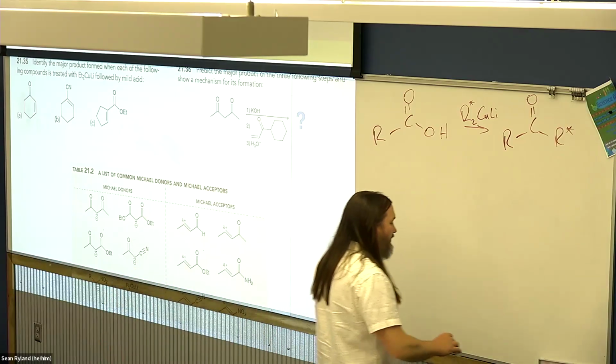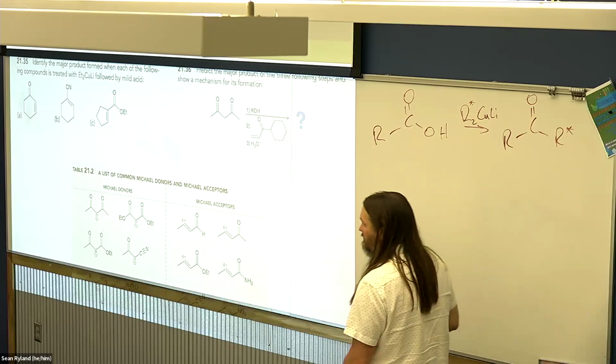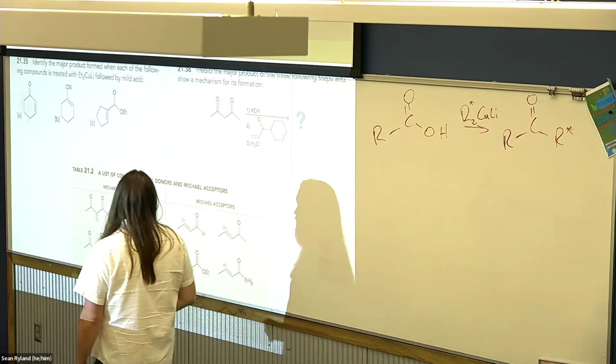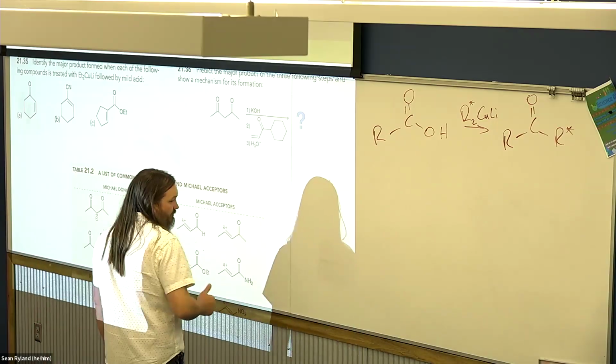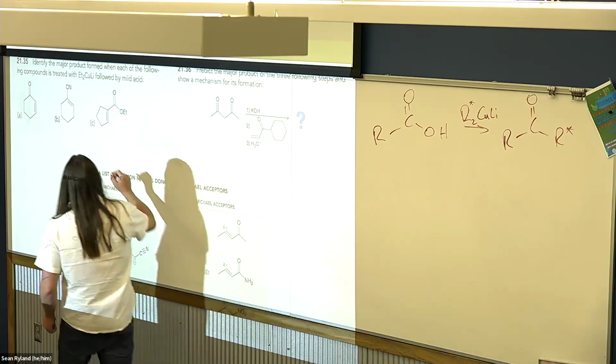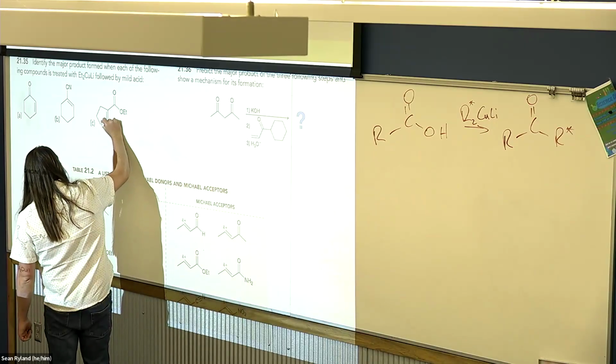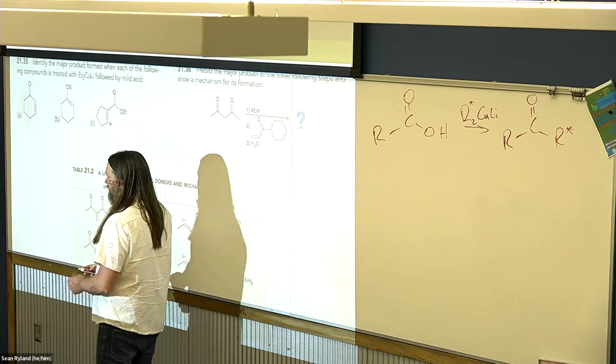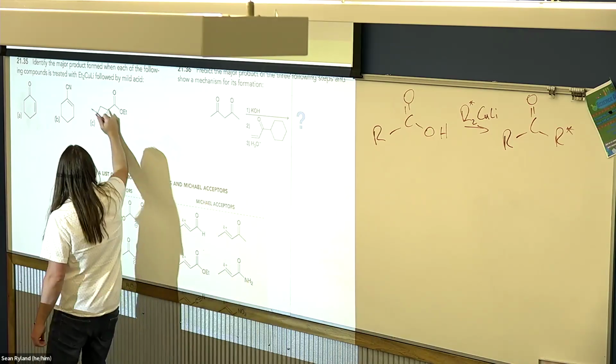Right, so that's the other place we've seen these Gilman reagents. The way they work here is that they allow us to put our new R group, our nucleophile, on that beta carbon.